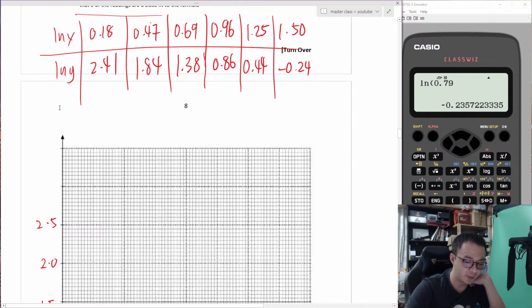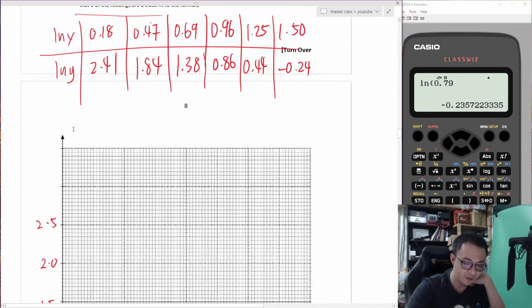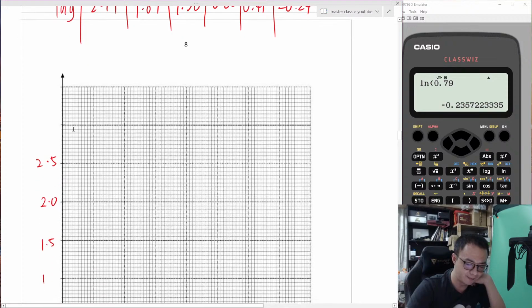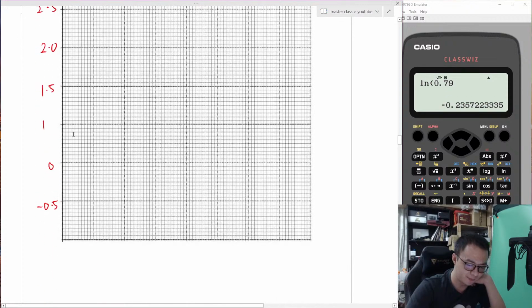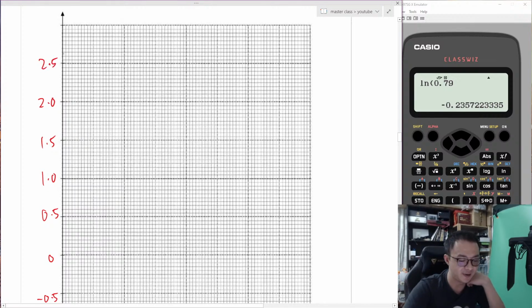I want all the way to 2.4, right? I guess should be fine.